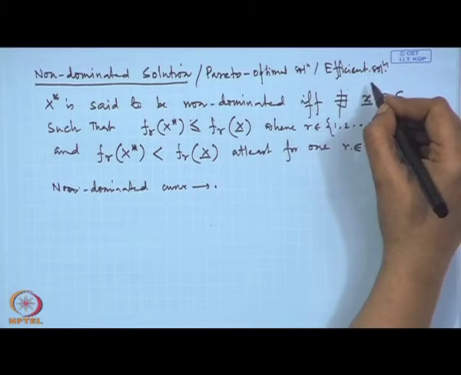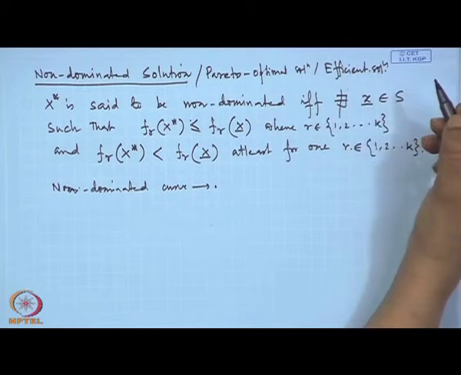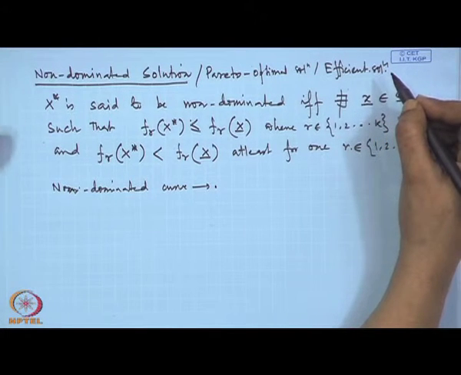Economists prefer Pareto optimality, and management scientists prefer the term efficient solution. But in general, in the literature, efficiency refers to the decision space, but dominance refers to the criterion space.